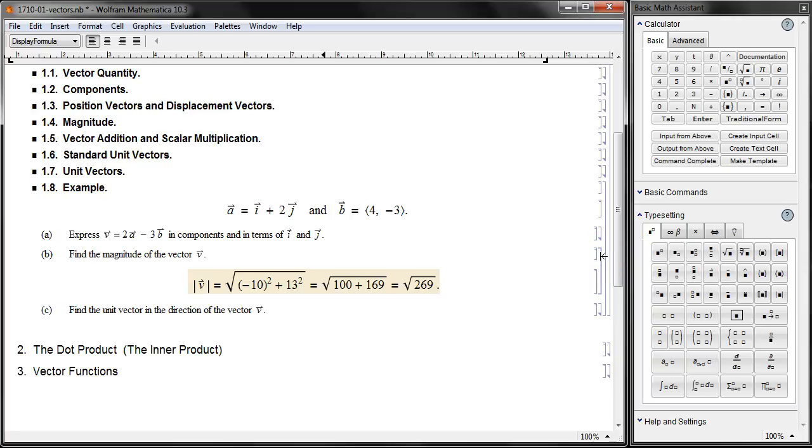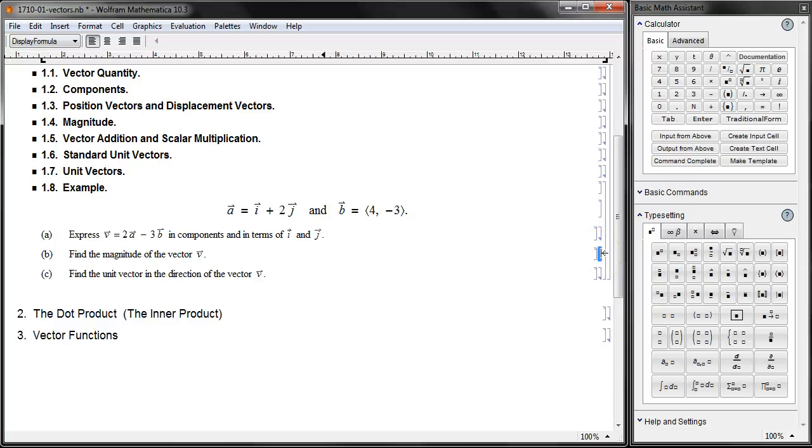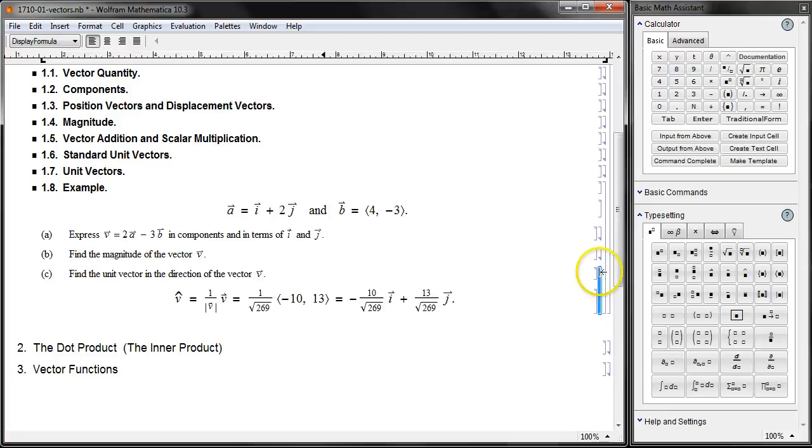Finally, find out the unit vector in the direction of v. All we have to do is get v and divide by the size, because v itself has a size of square root of 269. If I divide by square root of 269, the size will become 1. And that's it. Divide by square root of 269, and you're going to get, well, this one.